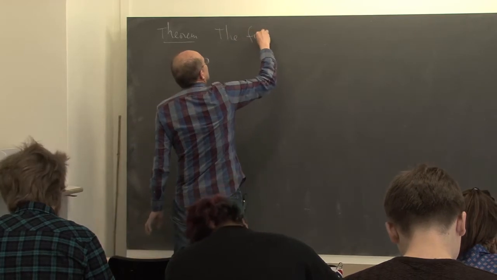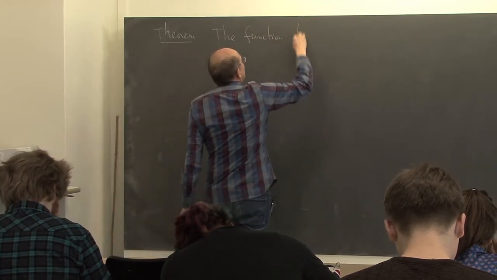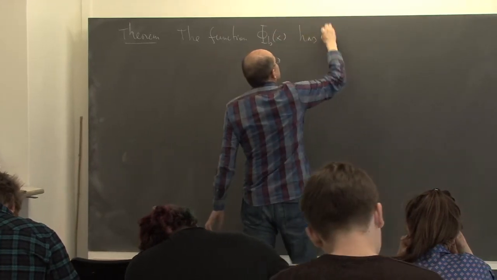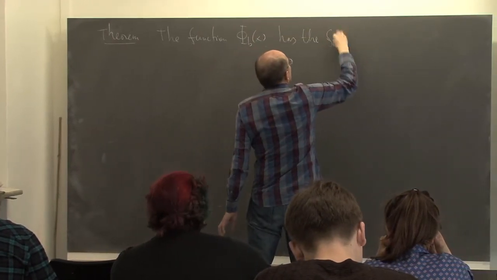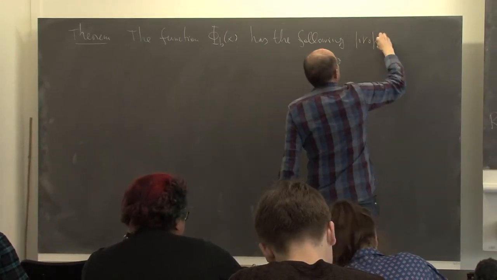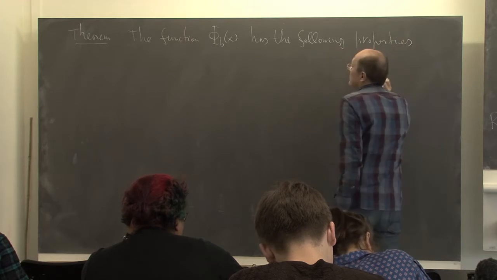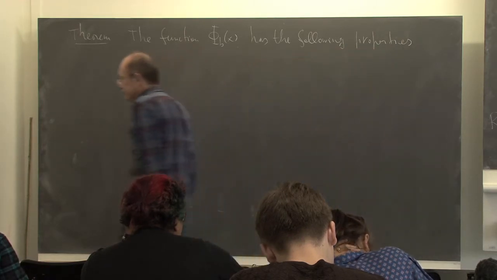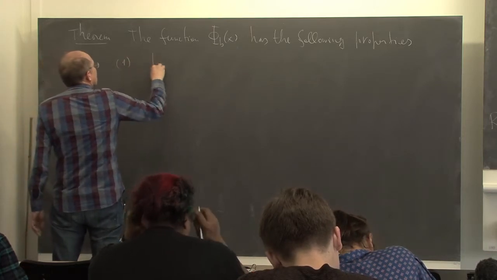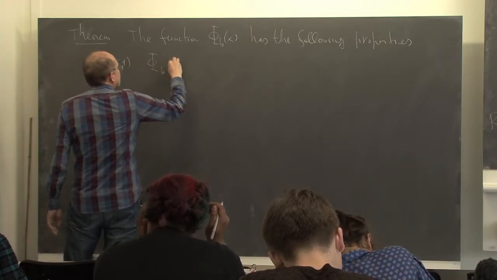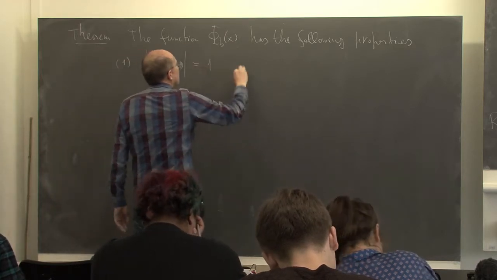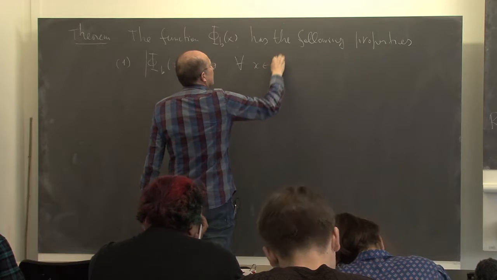The function phi b of x has the following properties. First, the absolute value of phi b of x equals 1 for any x in reals.